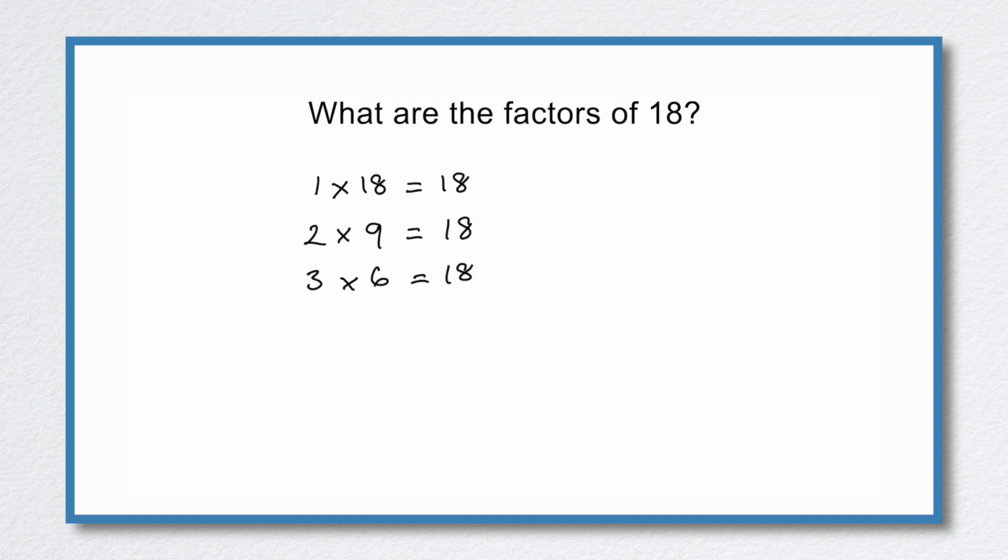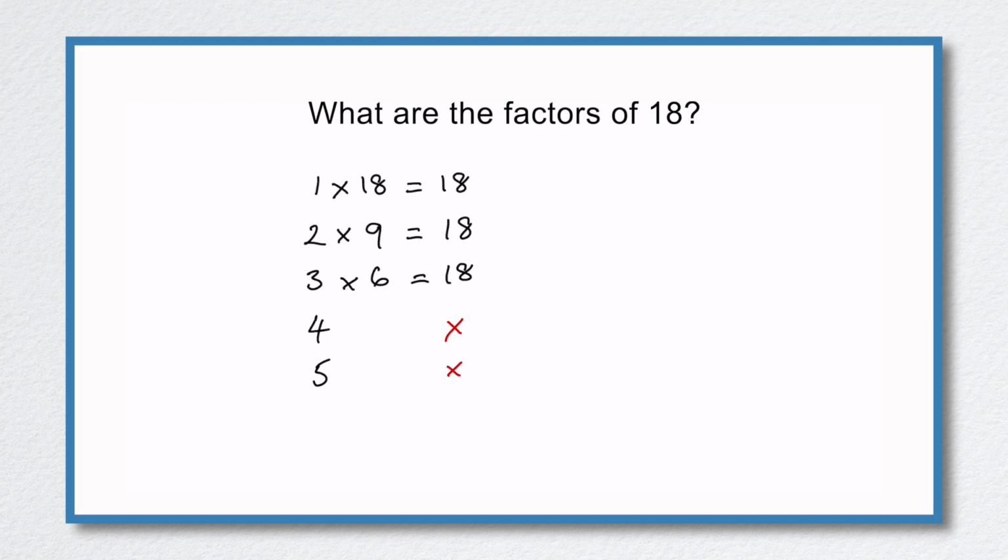Notice this is just knowing the multiplication tables. I happen to know that 4 is not a factor because 4 doesn't go exactly into 18. And also 5 doesn't go exactly into 18. So 4 and 5 are not factors.